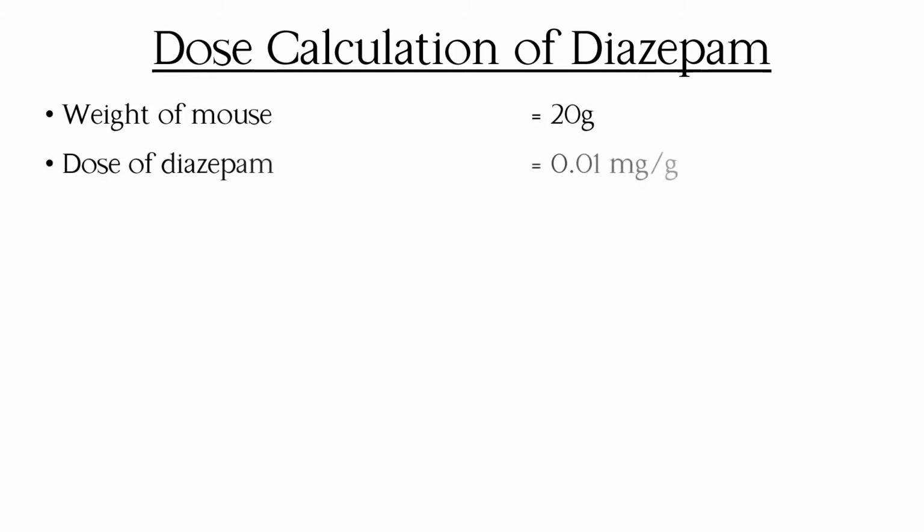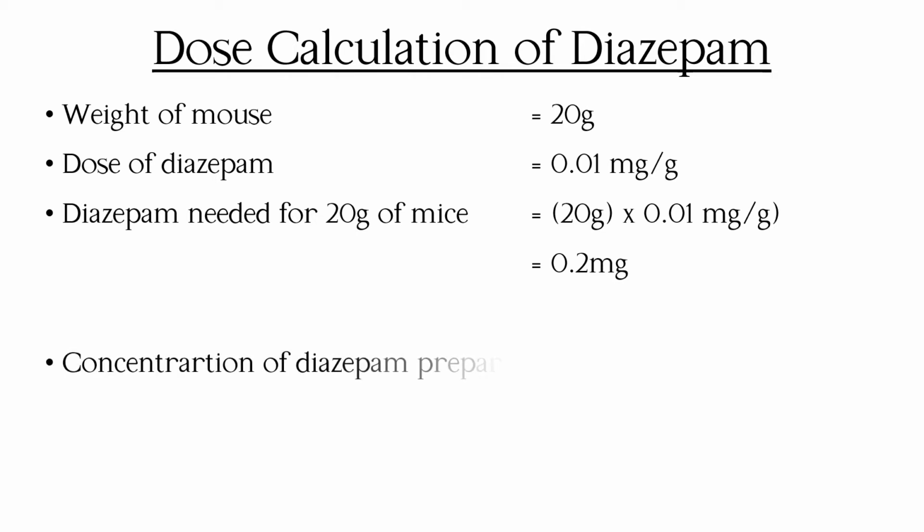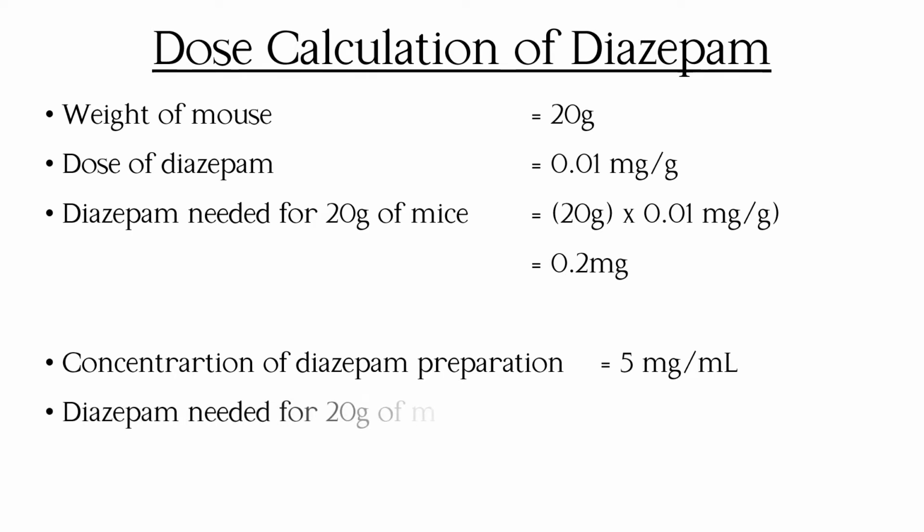Diazepam needed for 20 grams of mice is 20 grams multiplied by 0.01 mg per gram, so we get 0.2 mg. The concentration of diazepam preparation is 5 mg per 1 milliliter. So the diazepam needed for 20 grams of mice is 0.2 divided by 5 milliliters, or 0.04 milliliters.